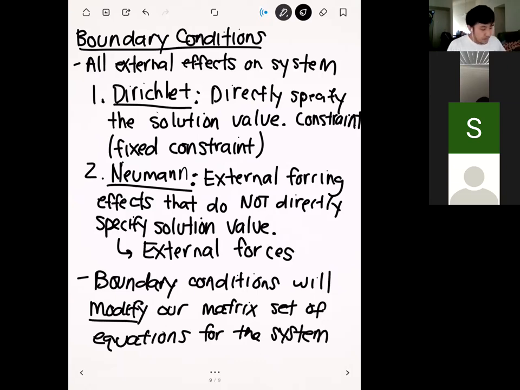The way that we modify our system according to either Dirichlet or Neumann boundary conditions will be a little bit different, and that's what we're going to do on the next page. Are there any questions on this before I move on?